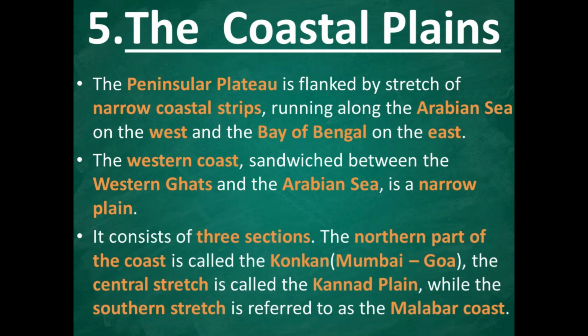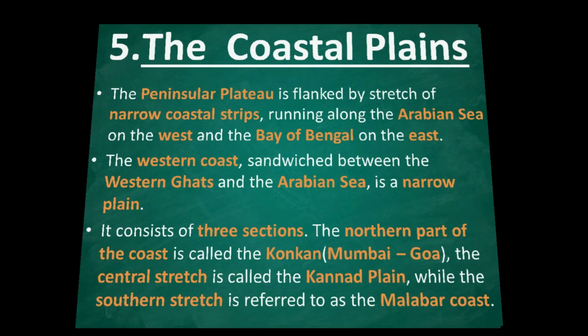It consists of three sections. The northern part of the coast is called the Konkan, which extends from Mumbai to Goa. The central stretch is called the Kannad Plain, while the southern stretch is referred to as the Malabar coast.